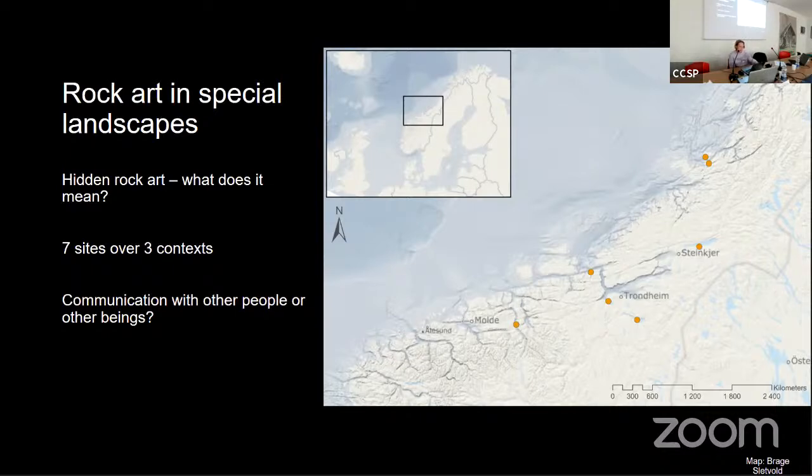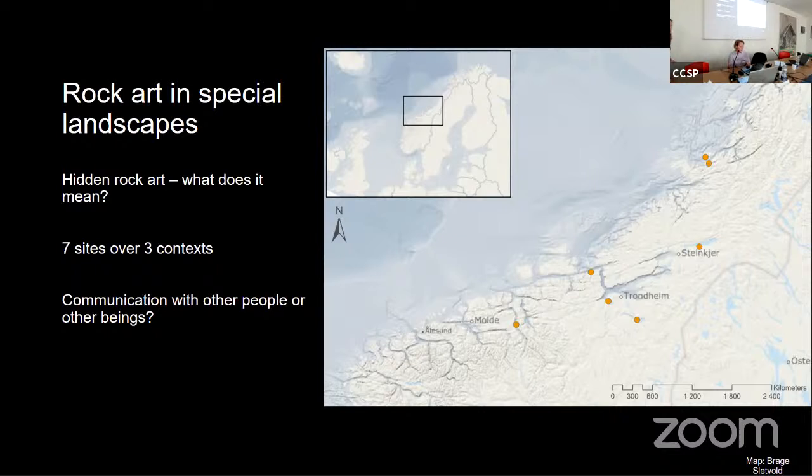And I decided to look at rock art in 3 different contexts where this phenomenon occurs. And these were grave contexts, cave contexts, and contexts connected to travel routes.